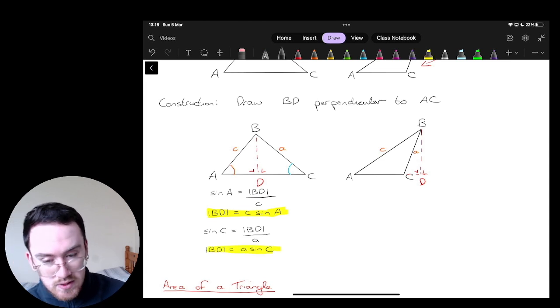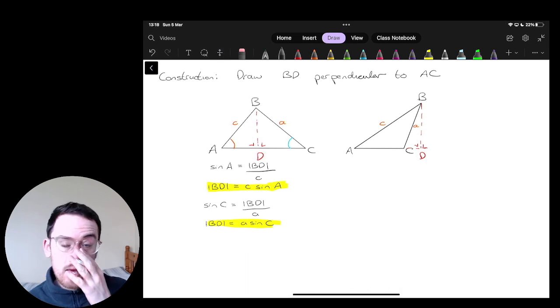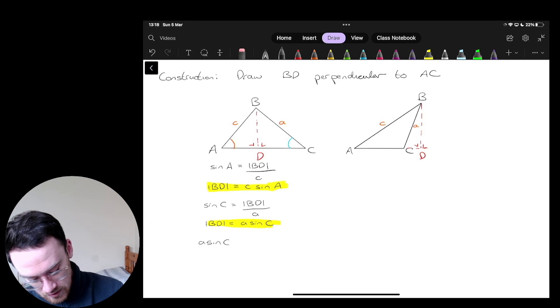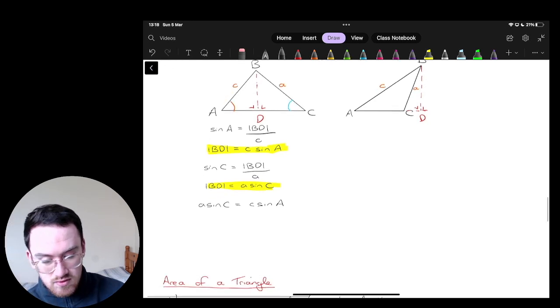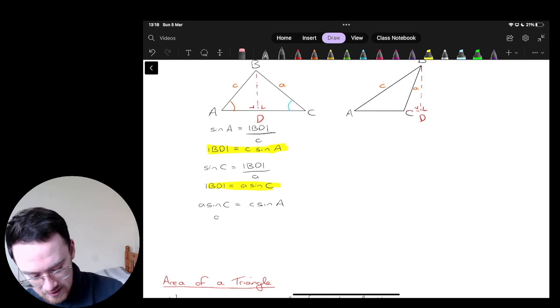I get two things for BD, so I can set those equal to each other. That means A sine C is equal to C sine A. And rearranging that, dividing across by each side, I get A over sine A is equal to C over sine C.